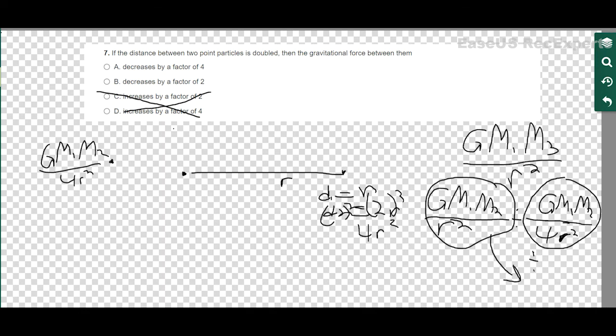Now we'll do the formula for dividing two fractions, which is to multiply the reciprocal, the reciprocal being r squared over g m1 m2. Now obviously g m1 m2 cancels out for both terms, and also r squared cancels out, so we would get 1 over 4, which corresponds to decreasing by a factor of 4, which is A.